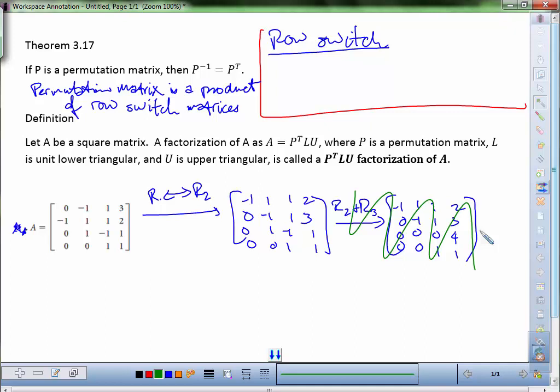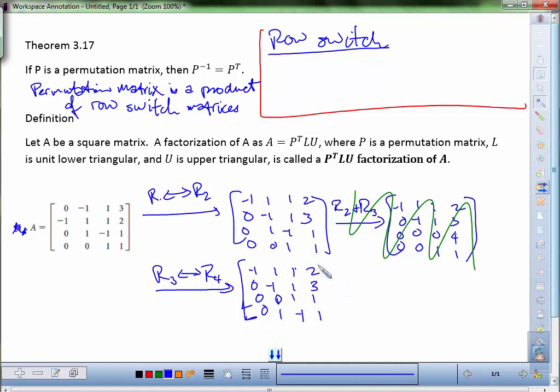And what I'm going to do at this point is say that that's not what I wanted to do just yet, because I'm not in row echelon form. So I would switch row 3 and row 4 first. So I'd come back here and do another row switch. So I have negative 1, 1, 1, 2, 0, minus 1, 1, 3, 0, 1, 0, 0, 1, 1, and then 0, 1, minus 1, 1.